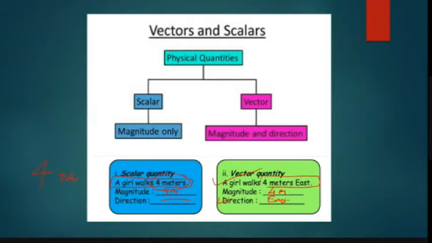Displacement, then velocity. Then so many are there. Displacement, acceleration, velocity, force, gravity, momentum. All of these can be examples for vectors.